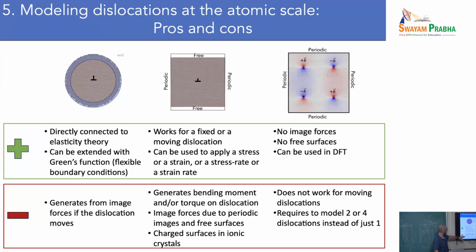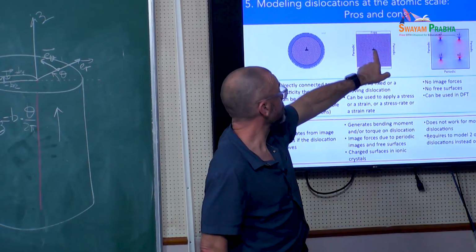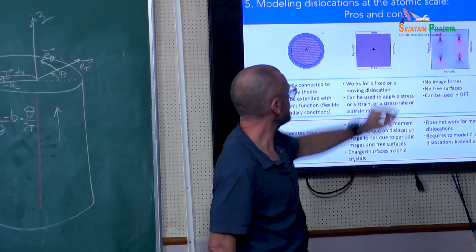The bad thing is that, as we said, if the dislocation moves, it's going to strongly interact with the atoms on the outside, and there will be image forces on the dislocation. So this is well adapted if the dislocation does not move and stays at the center of the cell. With PAD, what is nice is that it works whether the dislocation stays or moves in the simulation cell.